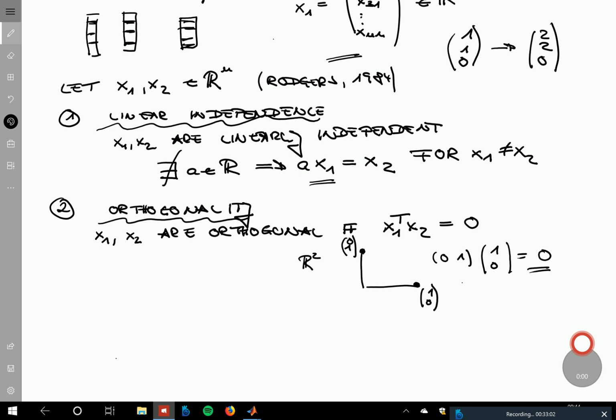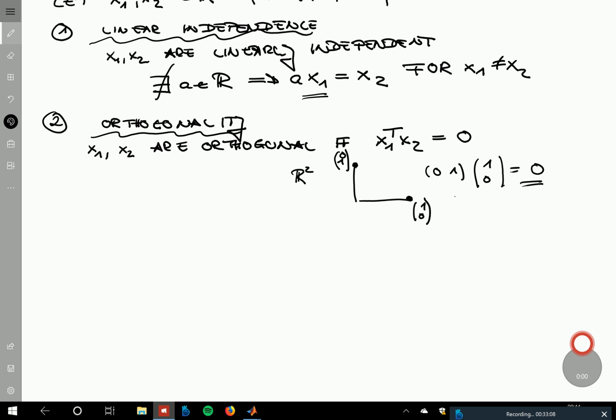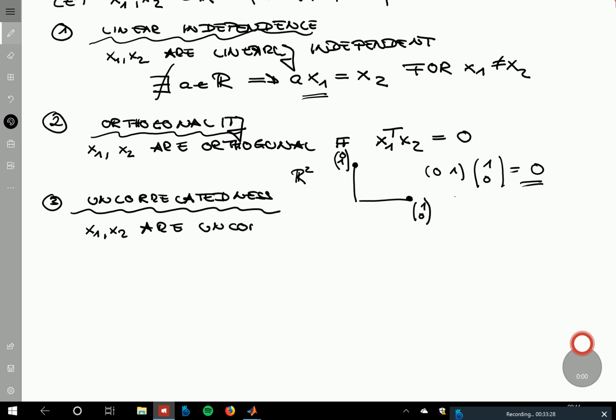And uncorrelatedness is of course related to correlatedness. Two vectors x1, x2 are uncorrelated if the dot product of the centered versions of the two vectors is 0.